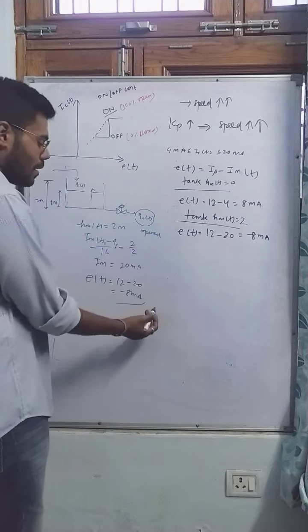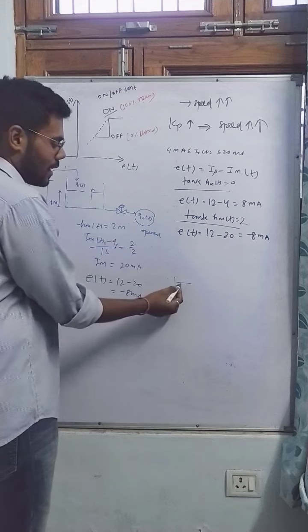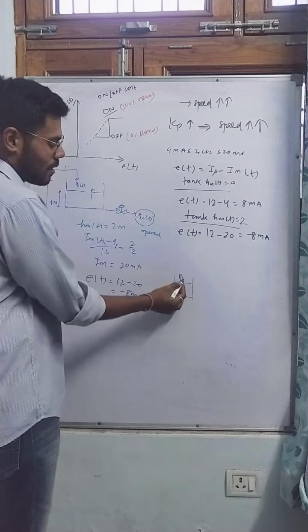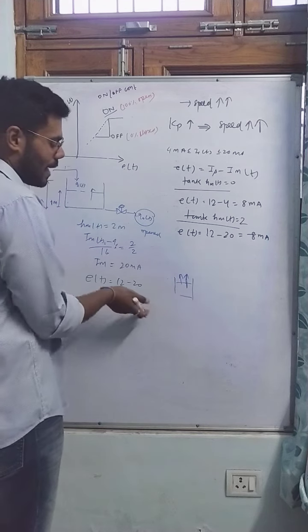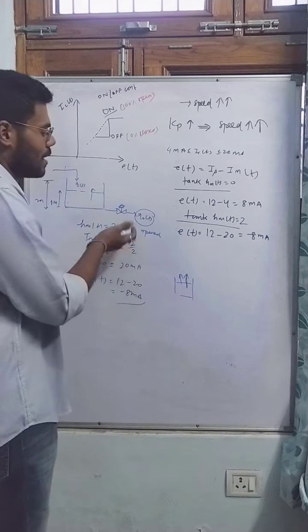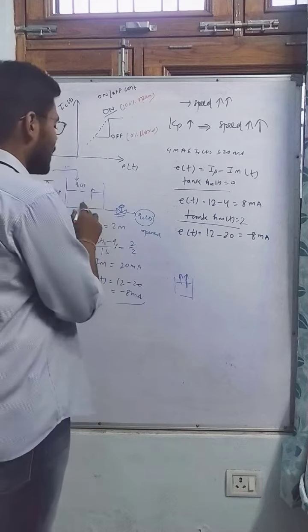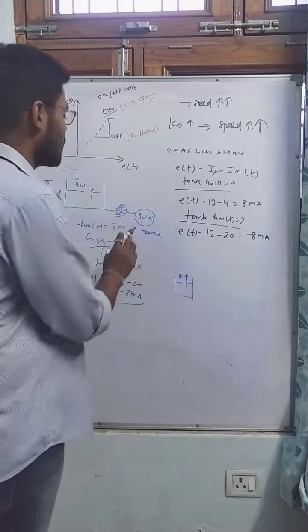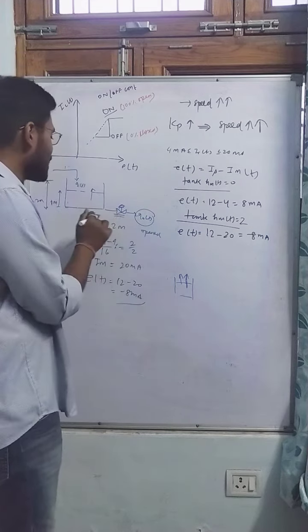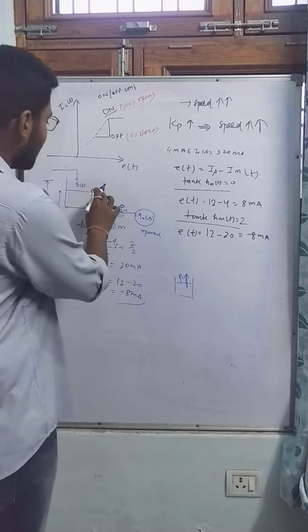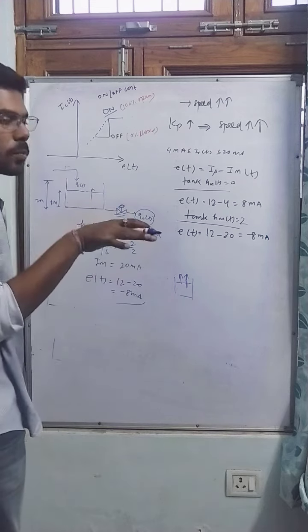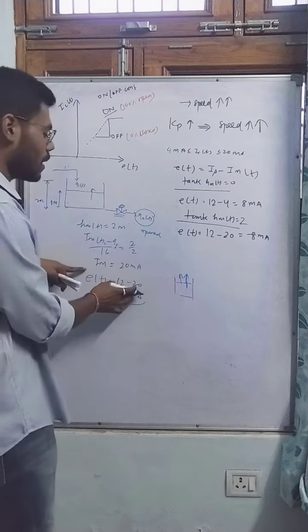Okay, when the tank level increases above the set point, the error will become negative. In that case, inverse action will happen and this outlet valve will be opened and the excess liquid in the tank will be discharged through this valve. As soon as the level in the liquid tank comes up to the set point or below the set point, again the error will become positive.